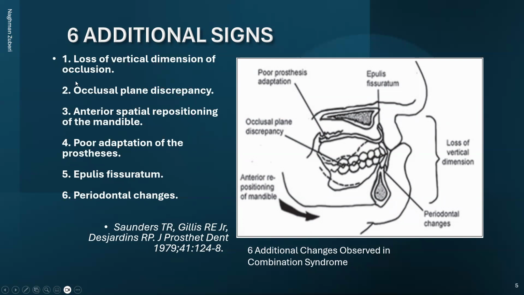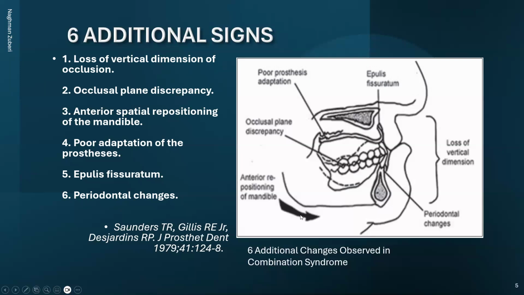Loss of vertical dimension of occlusion, meaning the vertical dimension has been reduced, number 1. Then occlusal plane discrepancy. Third one is anterior spatial repositioning of the mandible.